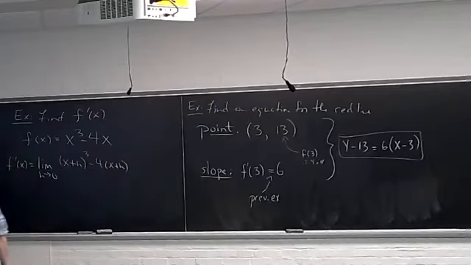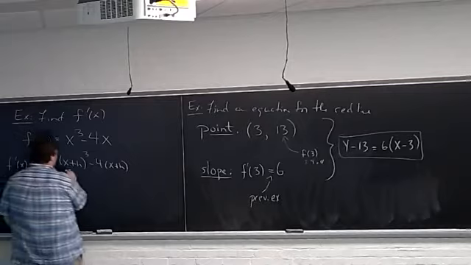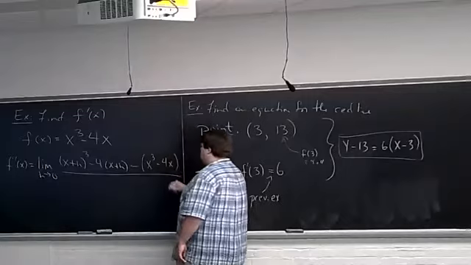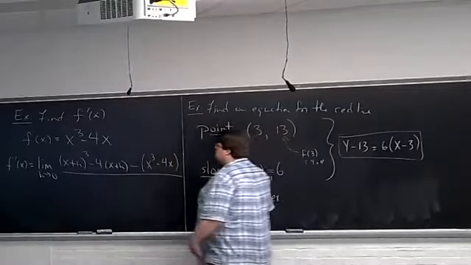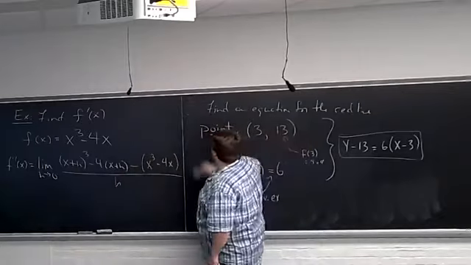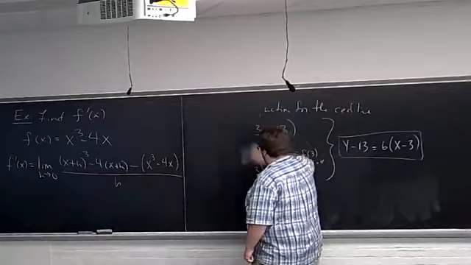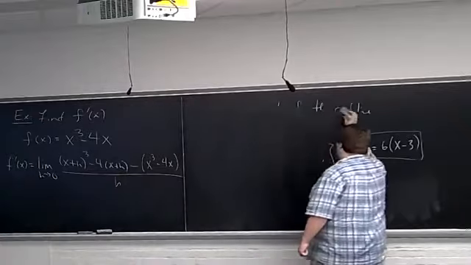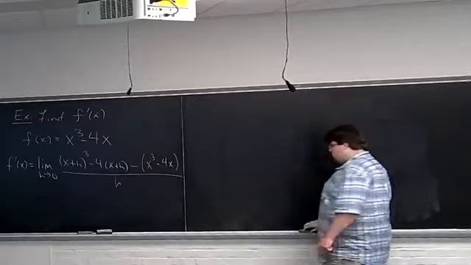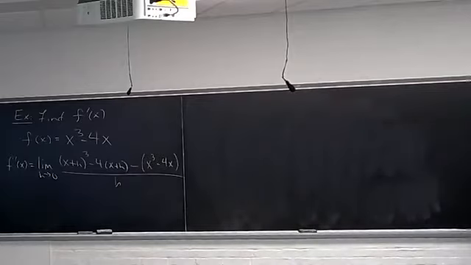So here we have f of x plus h minus f of x, all over h. So now we're going to need to simplify this a little so that we can take the limit.